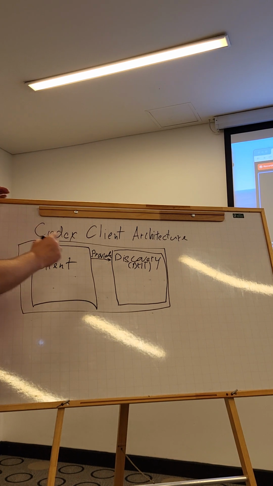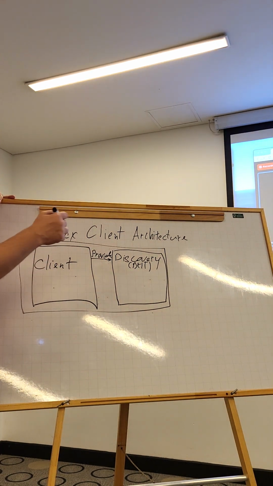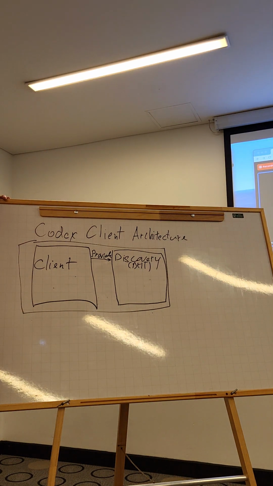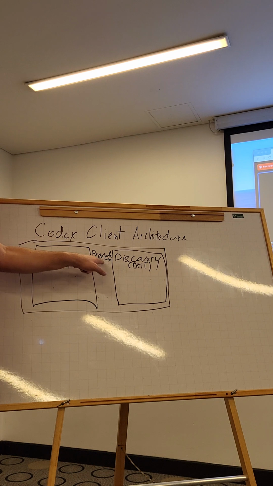So when you upload a data set to the client, or when the client learns of a new block, it doesn't matter how it learns about that block, it tells the DHT module that it provides this block now, and it registers itself with some node in the DHT, providing that block.